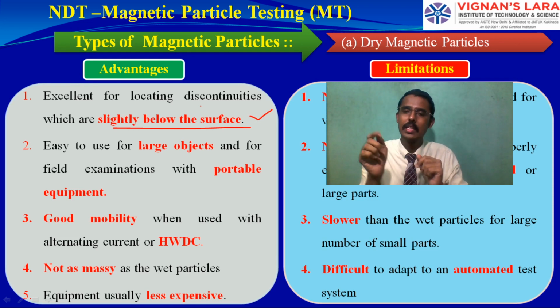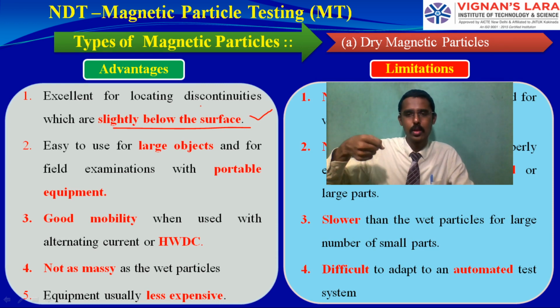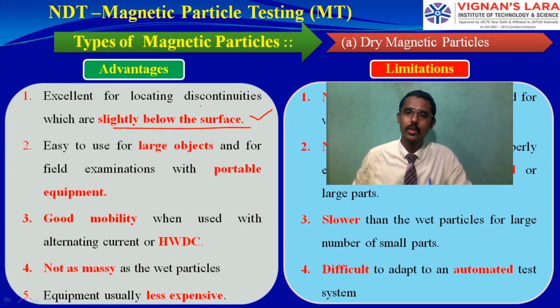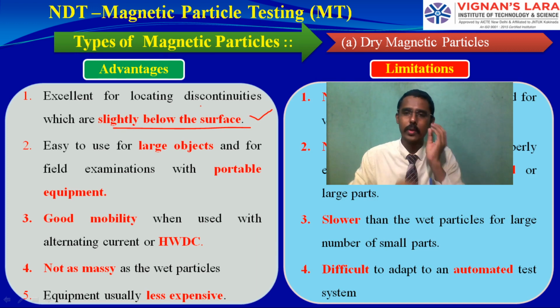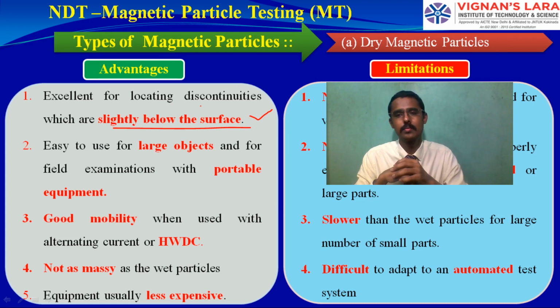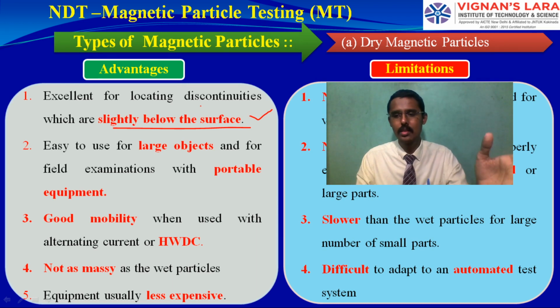After assembling, in service, if any defect occurs there, at that time also we are able to go directly with a portable probe to the large assembled setup, and we can do inspection there by applying the magnetic field and the magnetic particles. So it is portable and easily possible for large objects. That's a good advantage.